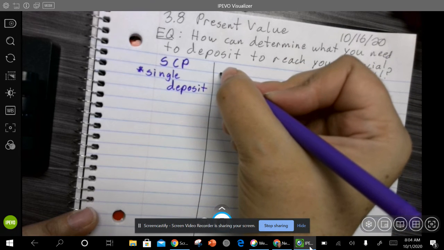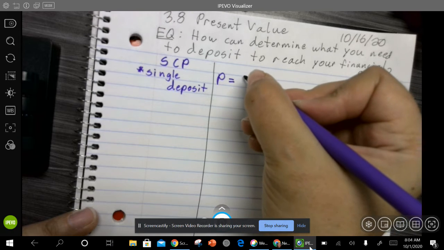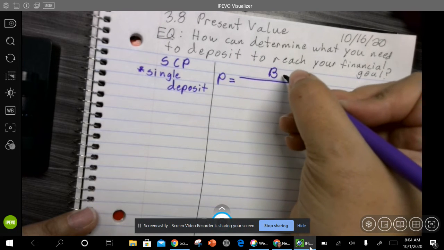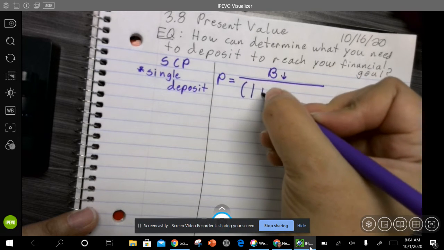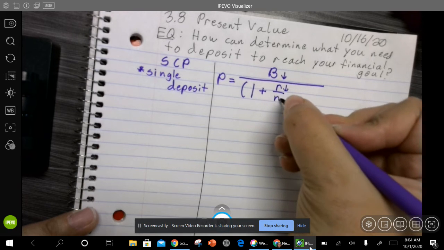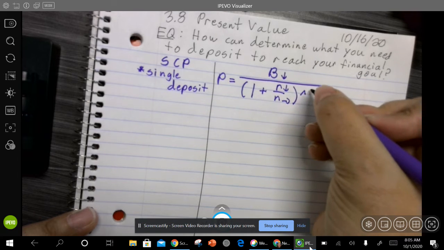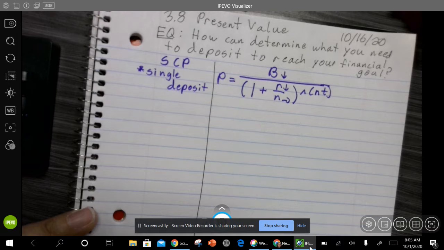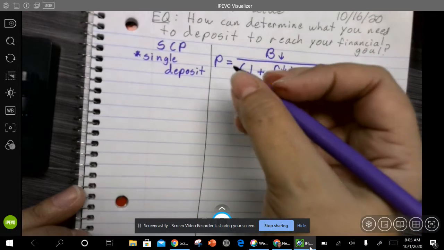So principal is equal to the balance, scroll down, and then it's 1 plus the rate, scroll down and left, and then raised to the number of times compounded times the time. Okay, so let's do an example, everybody.